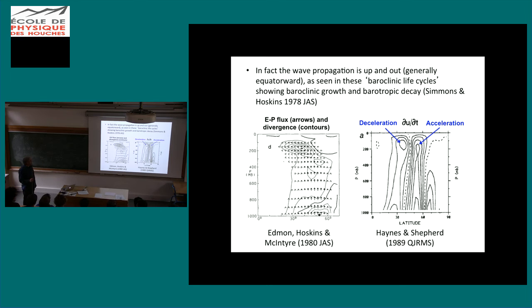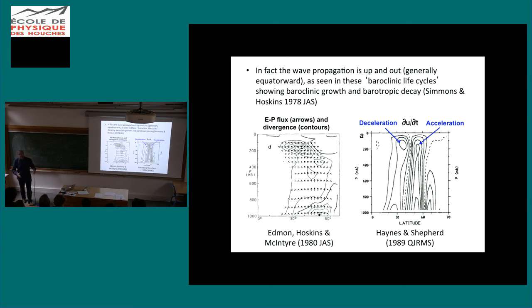So there was a very famous set of experiments by Simmons and Hoskins in '78. They set up a spherical model, actually with wave number 6 symmetry, and they began with the primitive equations. They began with the Charney most unstable mode and let it rip.